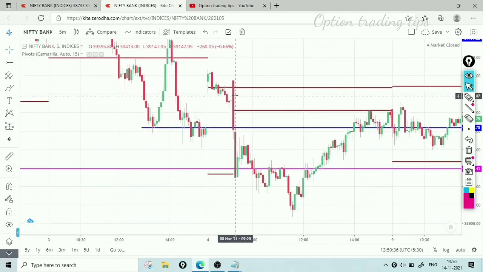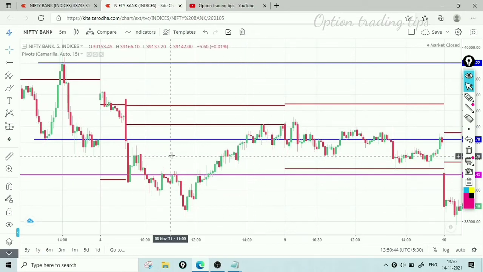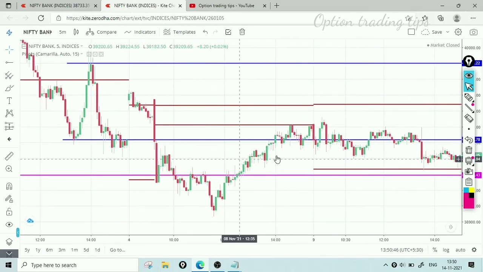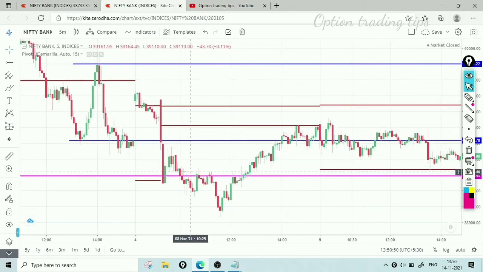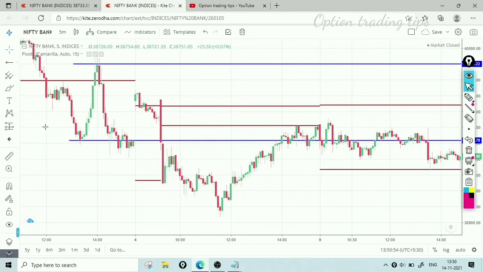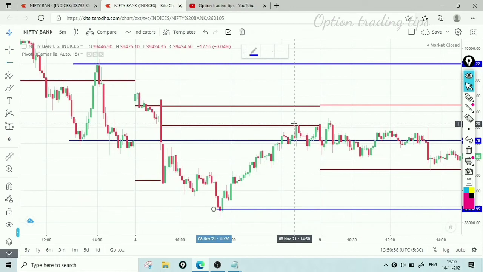Whenever there is support and resistance, the main purpose is to stop the rally of the market. Here the huge up and down happened. Here the breakout is finished. So I delete this line, and mark this and this.